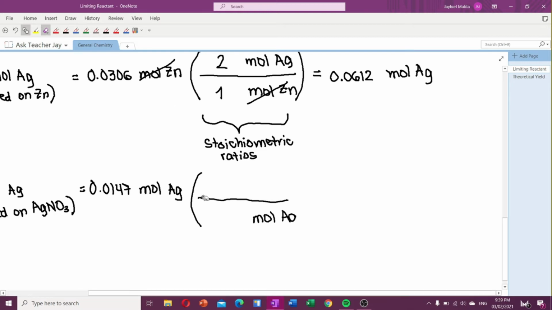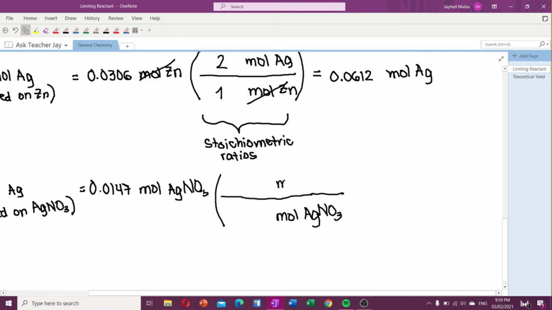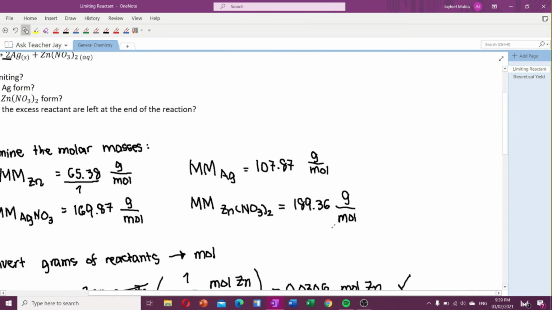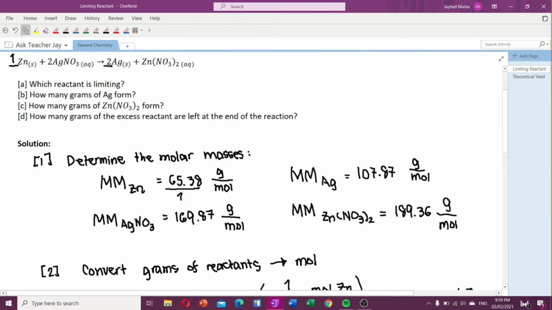I have a mistake, apologies. This will be moles of AgNO3. Convert the moles of AgNO3 to moles of Ag. And we can do this by again going back to the chemical equation and looking for the stoichiometric coefficients.